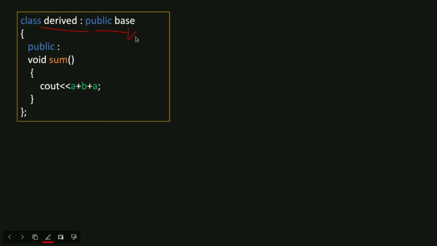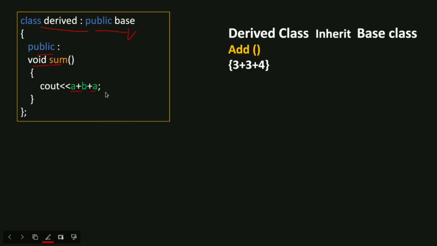Now we made the base class and defined the function. Now we have to make the derived class, which will have the features of the base class. That means we can use the values of x and y, or a and b, in the derived class. In the public section we made void sum, again the same name function as we had in the base class.